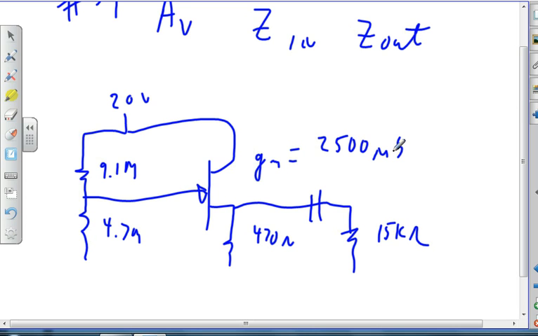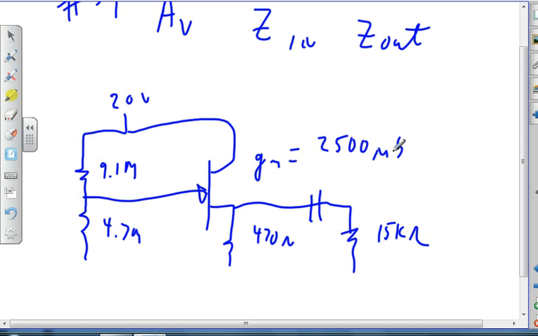So where's my equation for R little d? There we go.